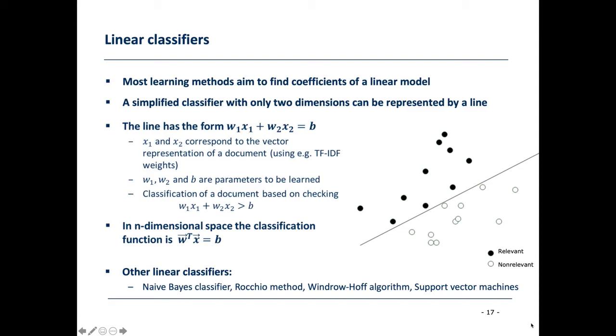It's also possible to try and separate documents into two classes as to whether they'll be liked or disliked by drawing a line or a plane, in the case of multiple dimensions, between two classes. And linear classification can do that.